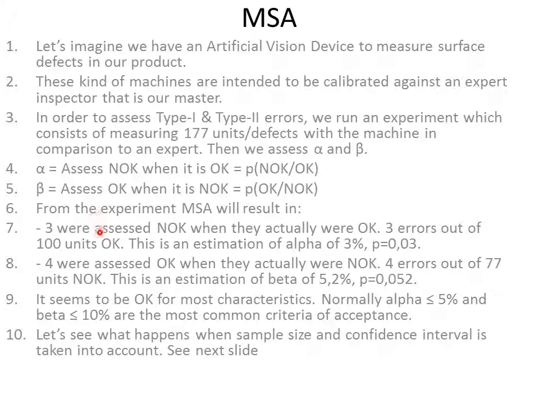Then these proportions are 3 out of 100 units, 3 assessed or evaluated as not OK from the total number of 100, that is 3%. So the rest of 97 units were agreed with the expert. The machine agreed with the expert.